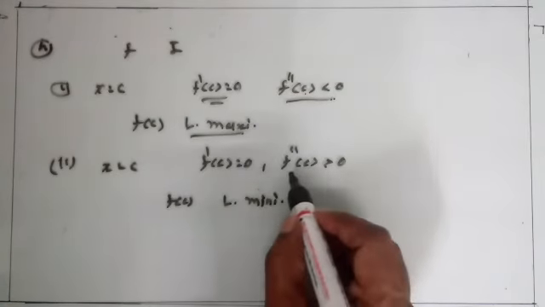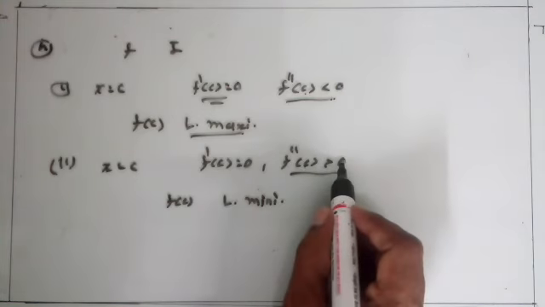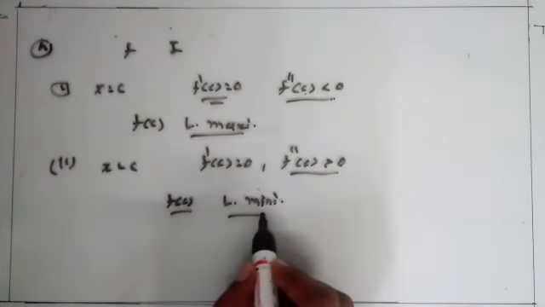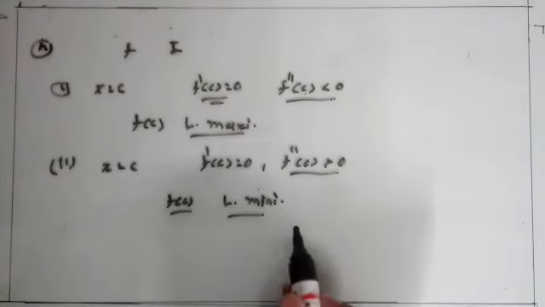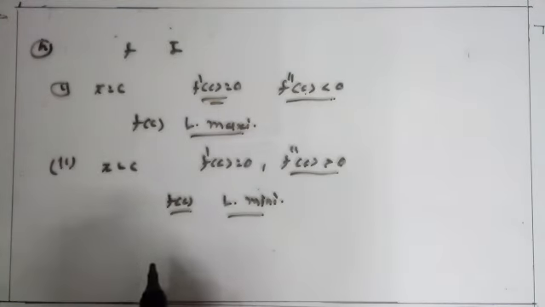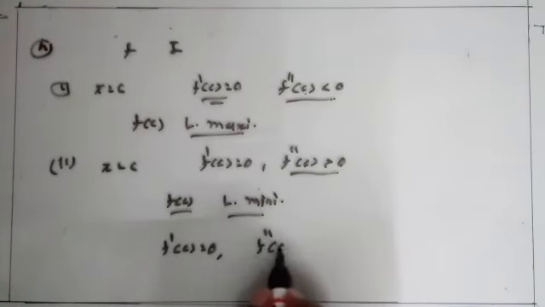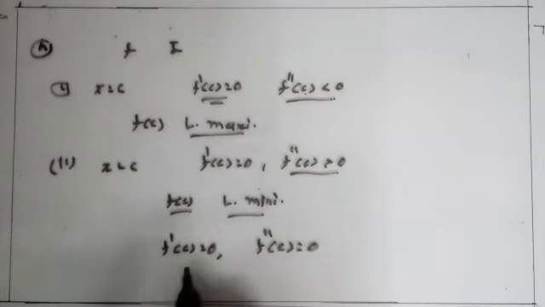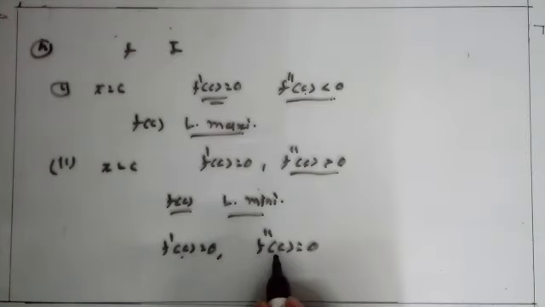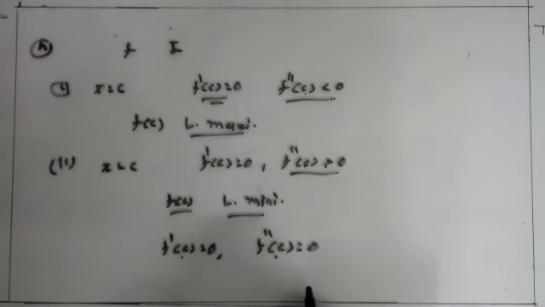That is, second derivative at C greater than 0, then f(c) becomes local minimum. Clear? And the test fails if f dash C equal to 0 and f double dash C is also 0. That is, both derivatives at C become 0, then this test fails. Okay?